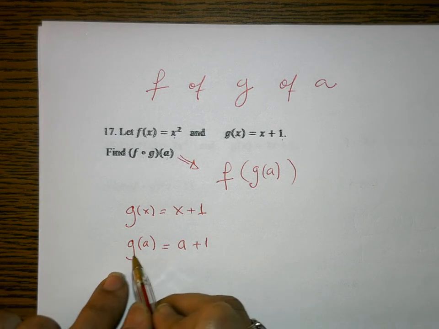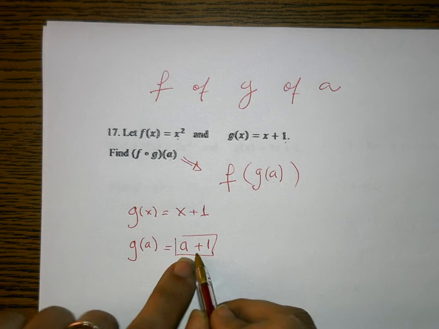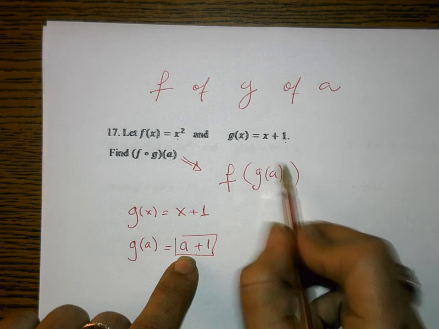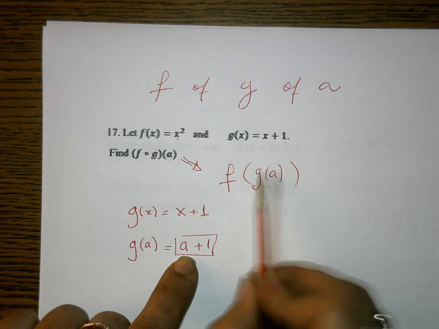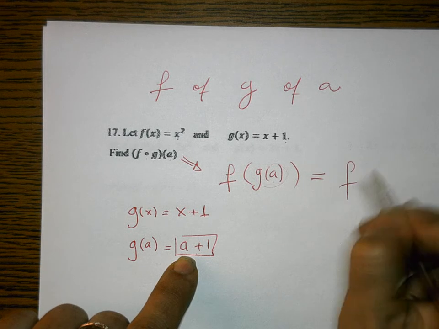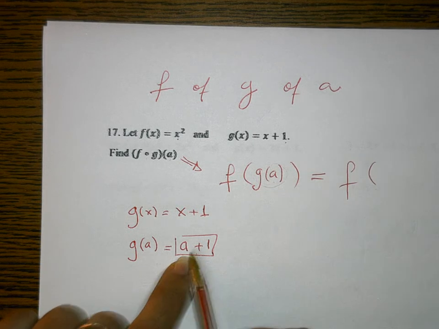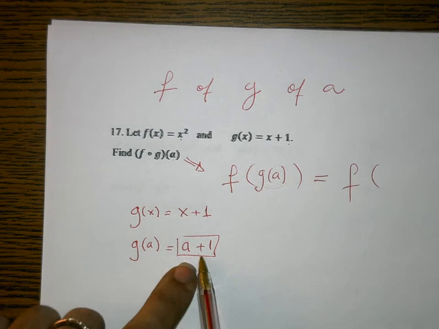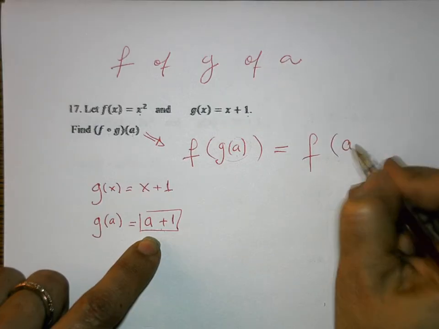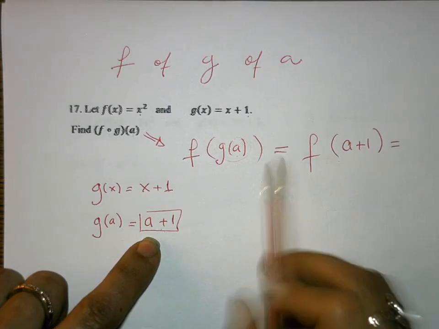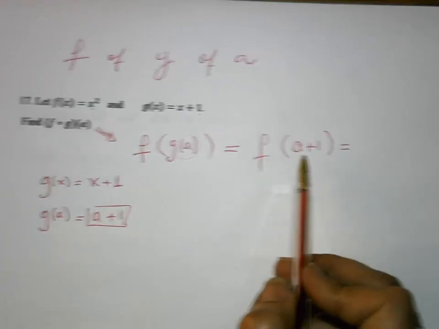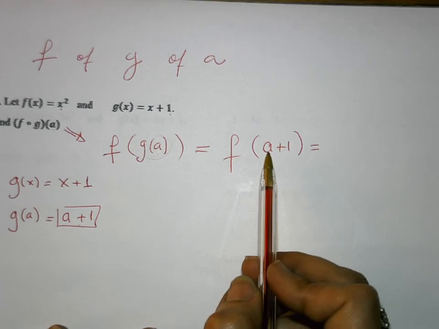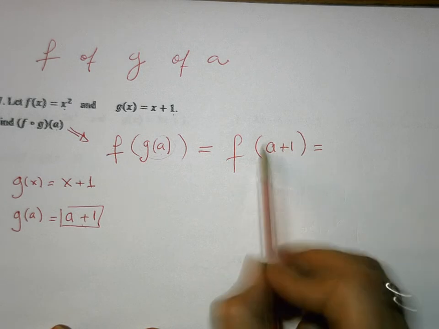Now I know that g of a is a plus 1, I can come and plug it in and replace it right here. So f of g of a is the same as f of, instead of g of a, I know what g of a is, a plus 1. So I'm doing a plus 1, okay? So now I want f of a plus 1. So now in my f function, I am going to plug in a plus 1.